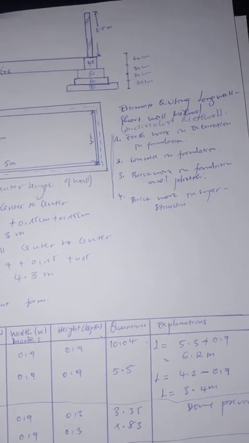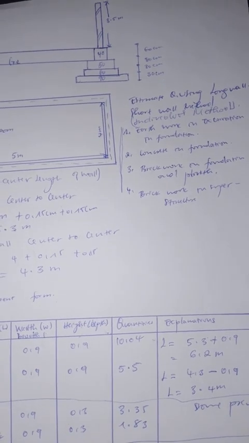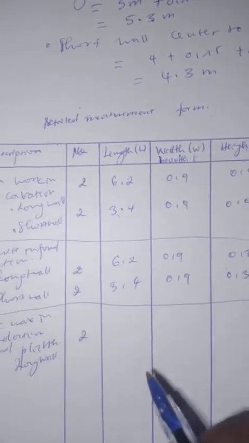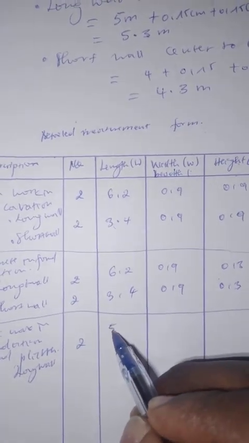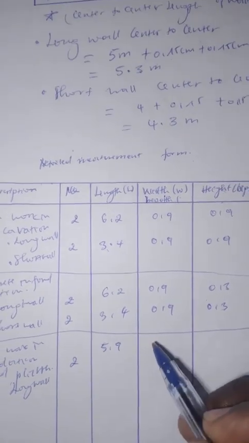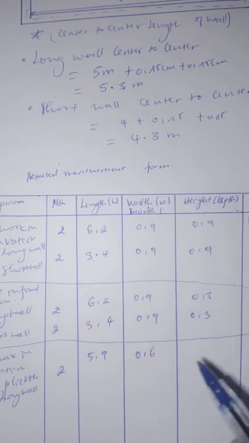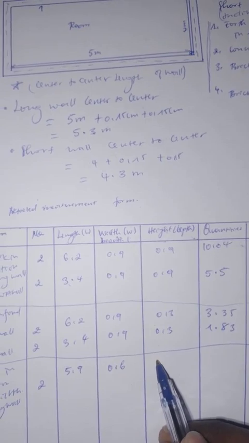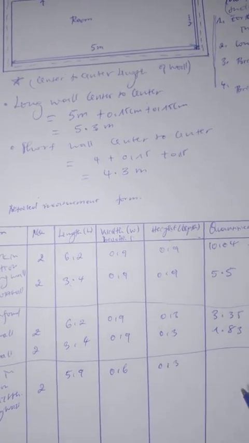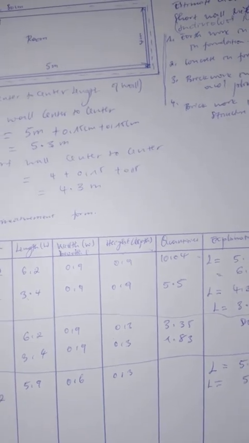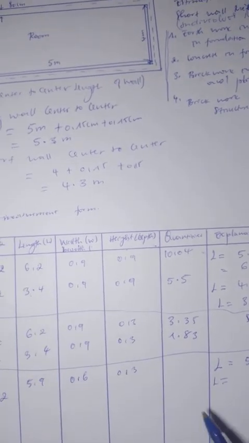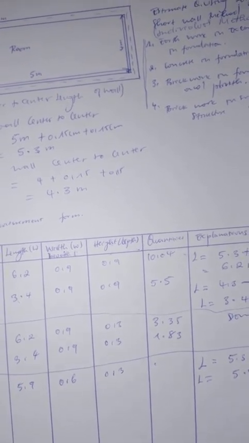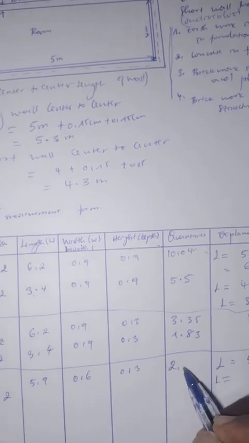Here we get 5.9 meter as the length. We use 5.9, width is equal to 0.6 and the height is equal to 0.3. We get 2.1.